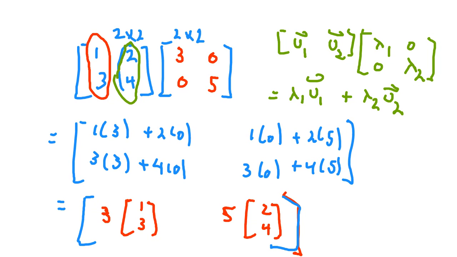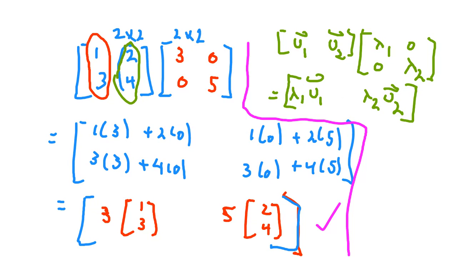No, that's not right. It's going to equal the matrix with columns lambda 1 u1 and lambda 2 u2. And that's demonstrated with this little nice example here.